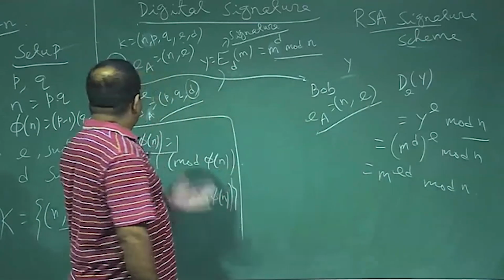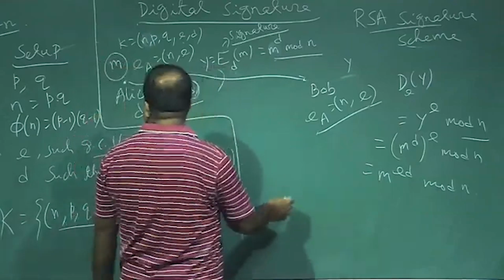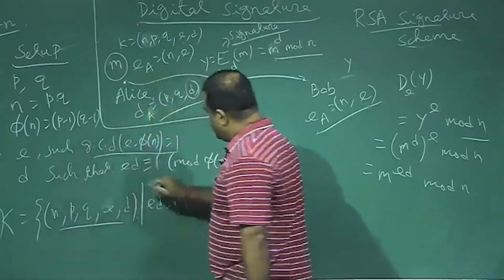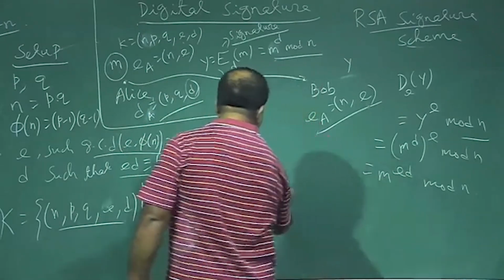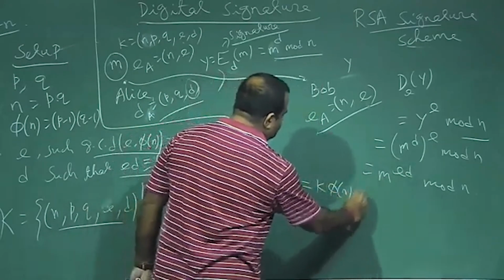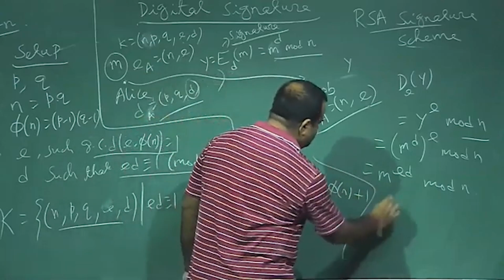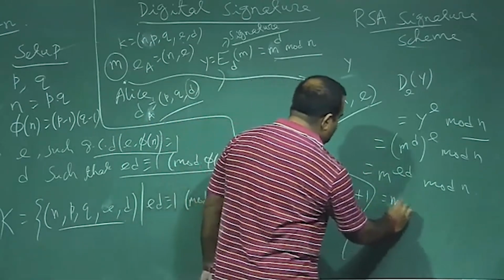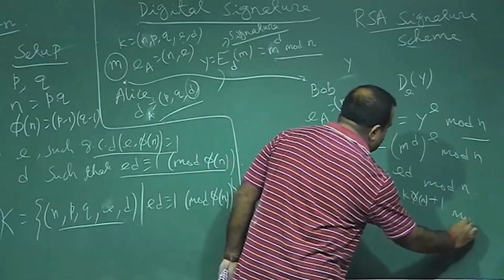Now, this is the RSA decryption. We have already seen that E D is congruent to 1 mod phi n. So, that means E D can be written as k phi n plus 1. If we write this, then this is basically M to the power k phi n plus 1 mod n.